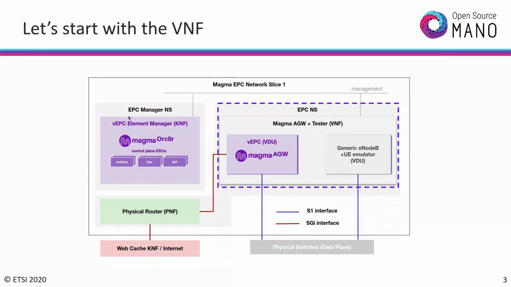And tomorrow we will add the EPC manager by launching the Magma Orchestrator using Kubernetes, because it's a set of around 10 pods which need to be launched on top of a Kubernetes cluster. Then we will connect everything and we will have our end-to-end packet core.